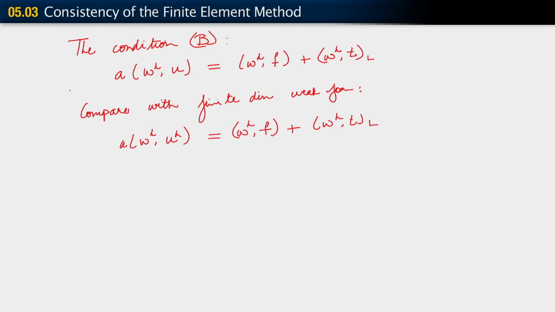If you look at condition B, we can regard condition B as being obtained if we simply went to our finite dimensional weak form and replaced UH with U. If we did that, we would get condition B, right?